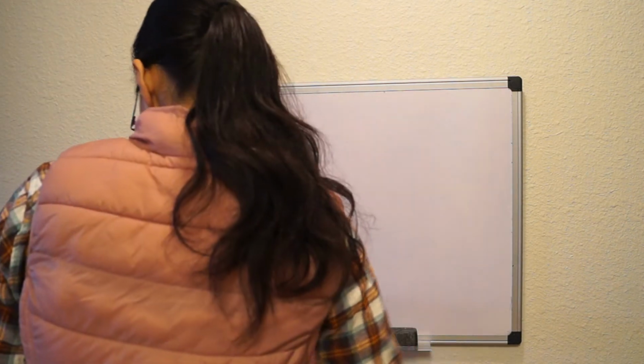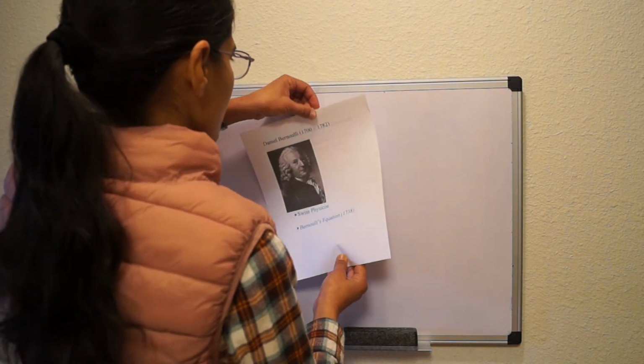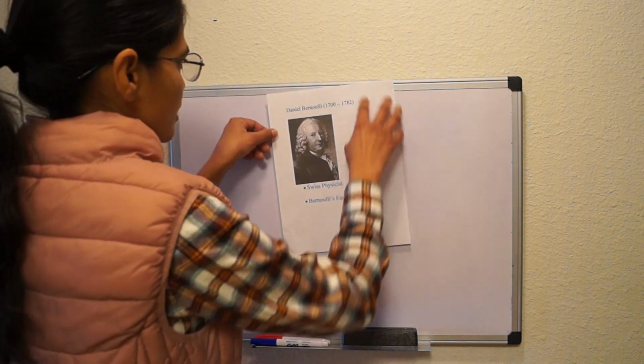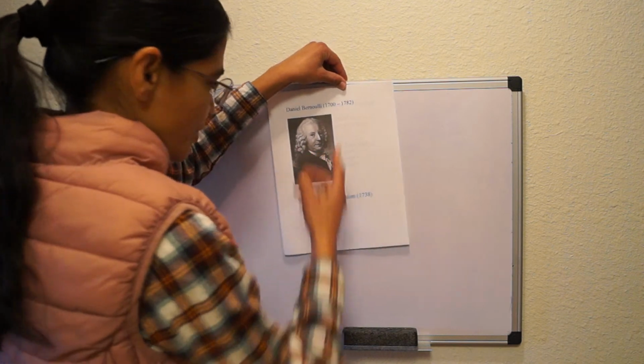So there was a scientist, Daniel Bernoulli, let's look at him here. Daniel Bernoulli lived from 1700 to 1782, he lived for 82 years.